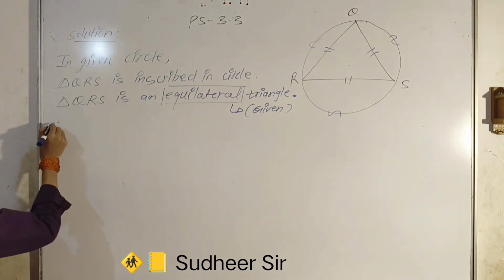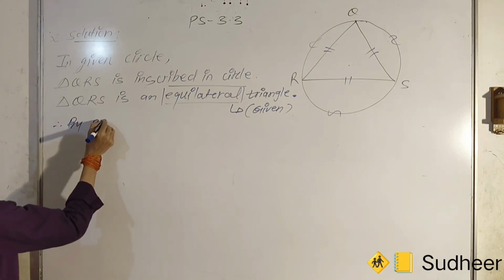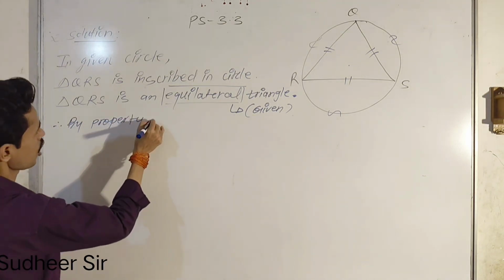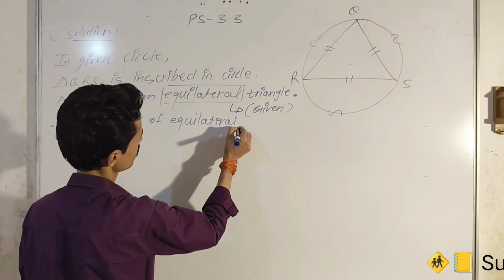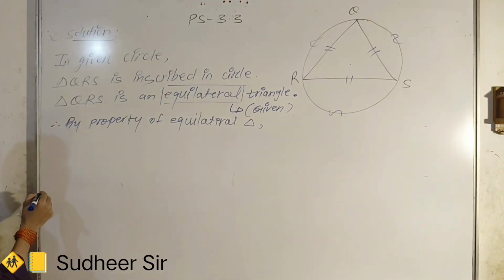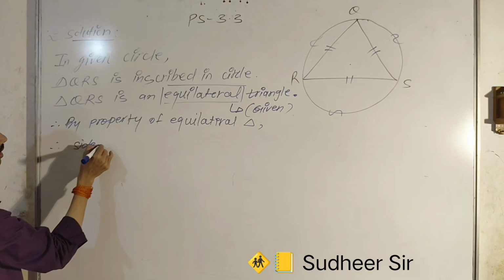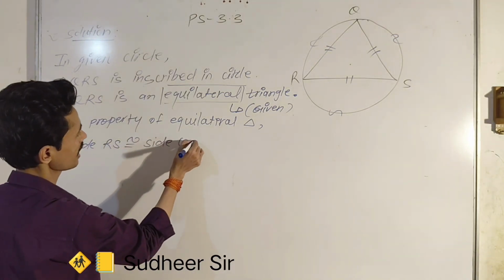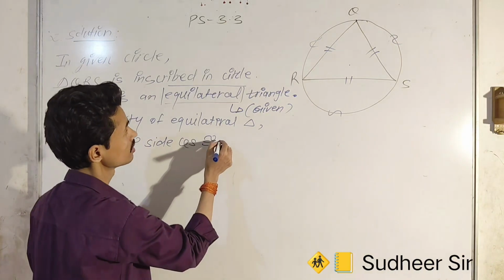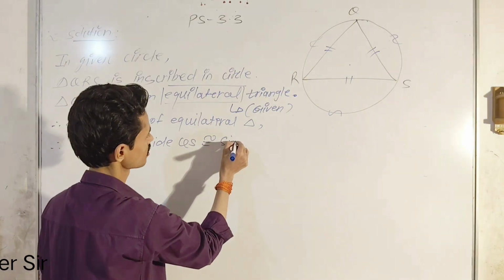So, by the property of an equilateral triangle, side RS is congruent to side QS, which is congruent to side QR.